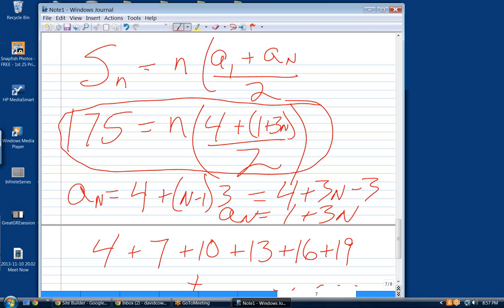It's like coming up with a negative measurement for a garden. You throw it out. If you come up with a positive and a negative, the negative is the extraneous solution, and you use the positive number. Same thing with sequences. When you solve for n and you come up with a plus and a minus, the minus is not a good solution.